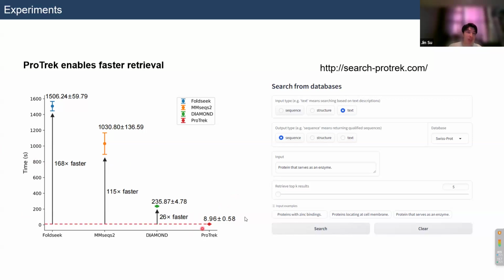You can see that ProTrek only takes around 9 seconds to finish the retrieval. Even the fastest sequence-based tool, Diamond, takes around 200 seconds, and Foldseek takes more than 1,000 seconds to finish this retrieval. So this shows ProTrek can not only achieve accurate retrieval, but also perform very fast retrieval.